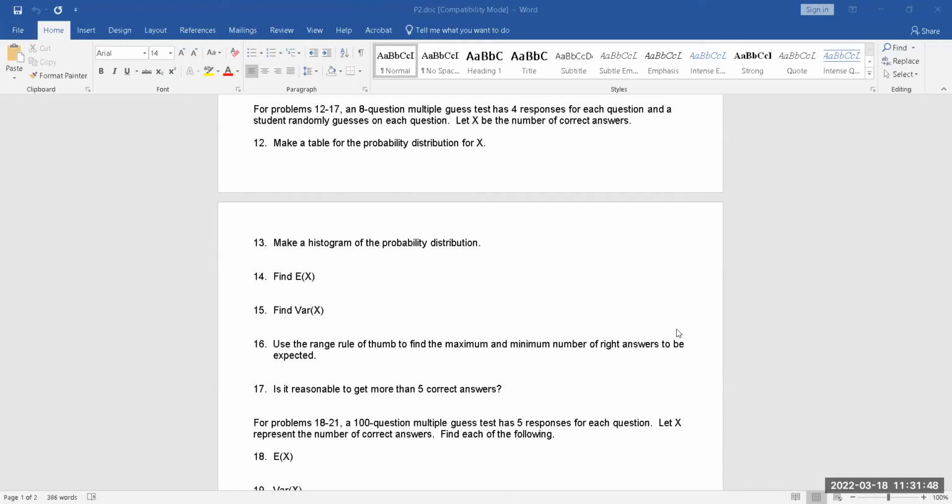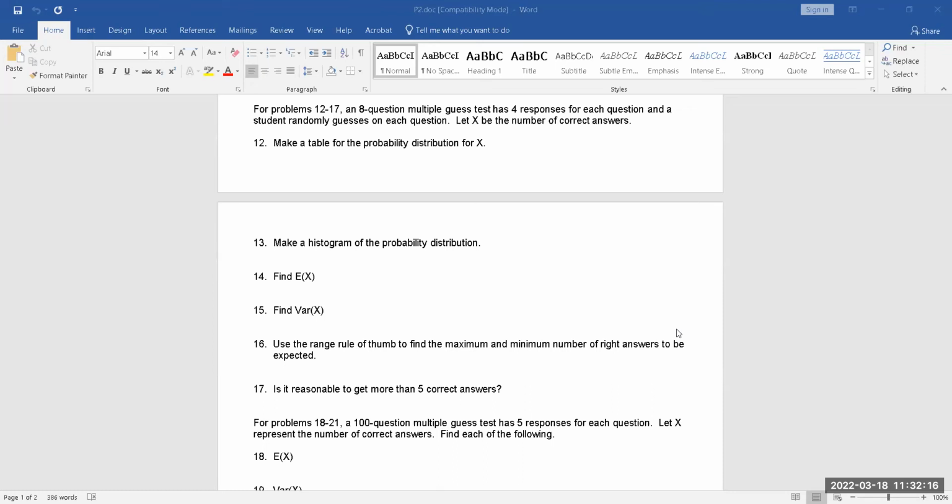What did I do? Here's my eraser. So when we make our probability distribution, what I need to do now is use that formula, the formula for calculating the probability. Remember what it is? The probability of any particular outcome, we said, is combination n choose x, p to the x power, q to the n minus x.